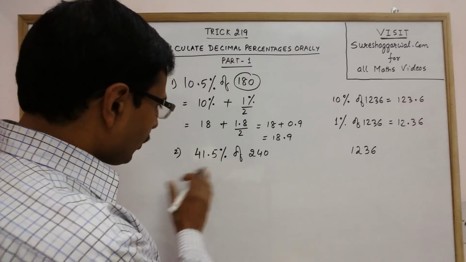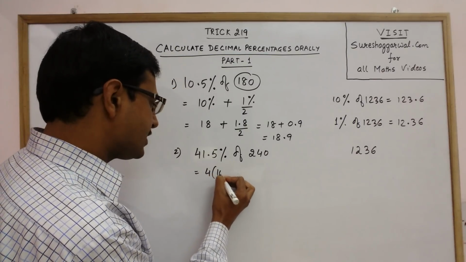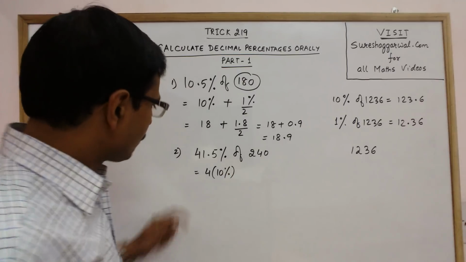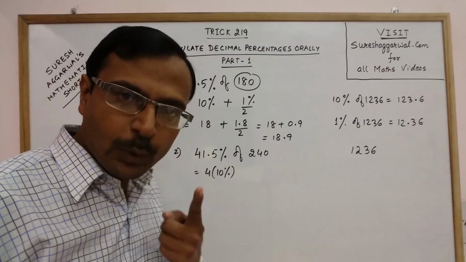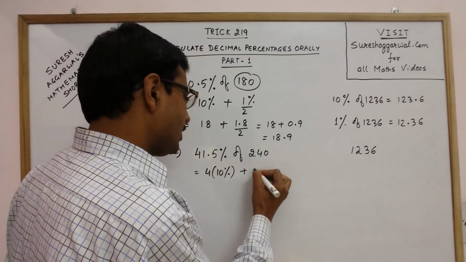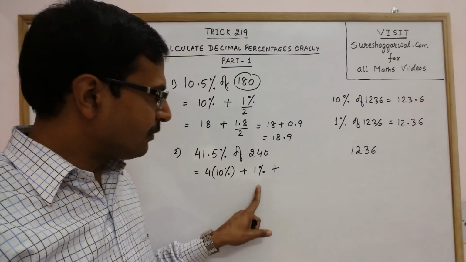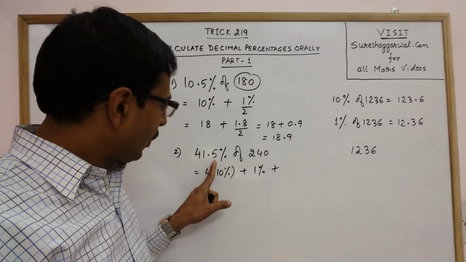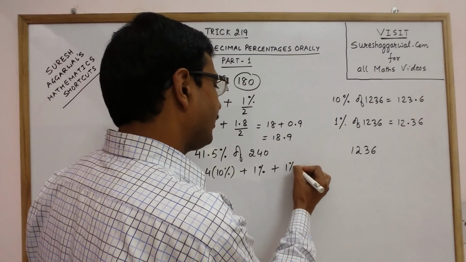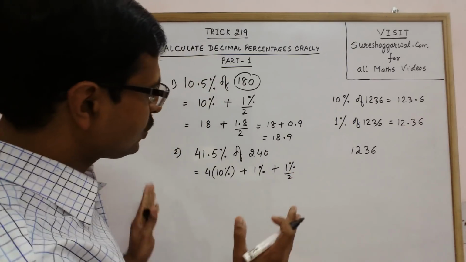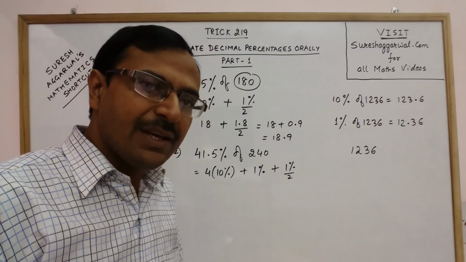Now see, break 41.5%. This is 4 into 10%. So 4 into 10% is 40%. What is left behind is 1.5, so 1%. So 40 plus 1, 41%, and now we are left with only 0.5%. So 0.5% is half of 1%. Once you understand this step, all other calculations are very easy.